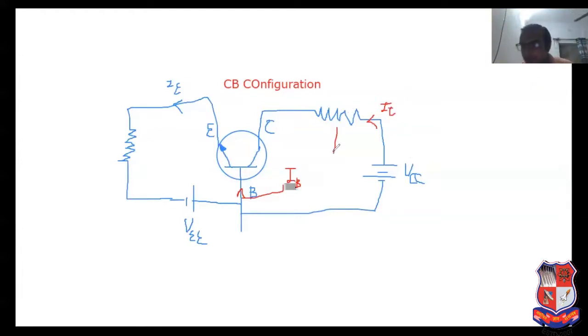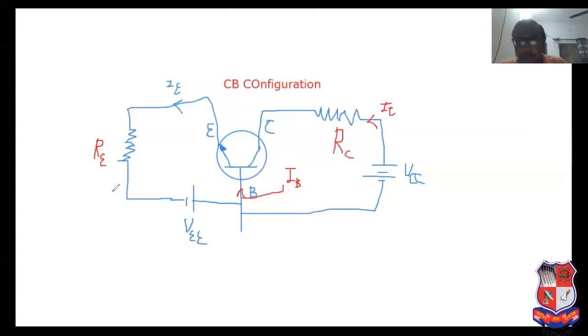This is the RC resistor and this is the RE resistor. So this is known as the common base configuration of transistor.